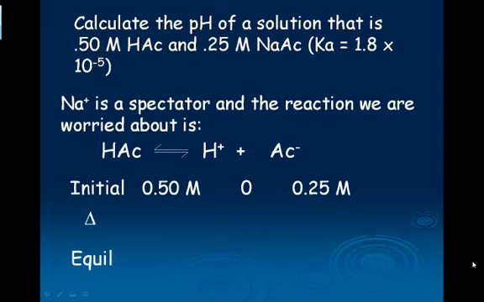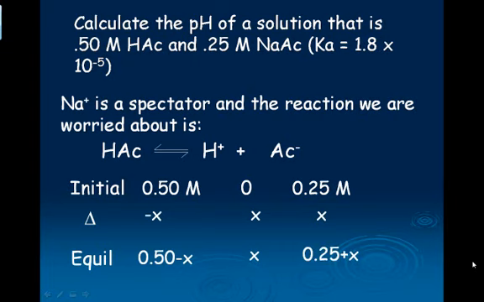Notice initially I have the acetic acid at 0.5, no H plus in the solution, and then I have a 0.25 molar concentration of acetate. So we would then do our change in x like we normally would. The change in x is going to be minus x for the acetic acid, and then the H plus and the acetate are both going to go up by x.